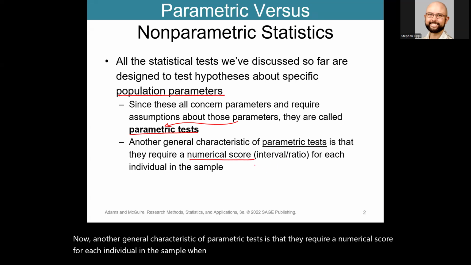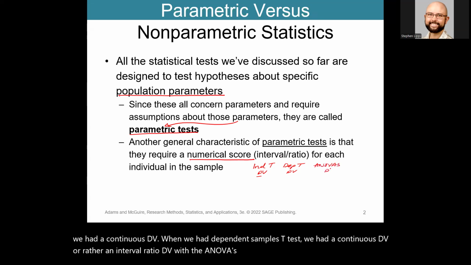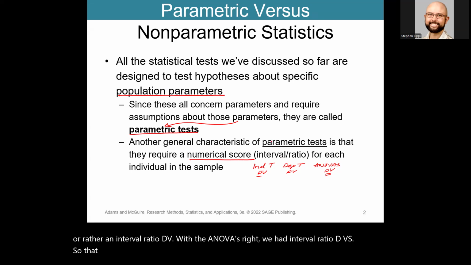When we did independent samples t-tests, we had a continuous DV. When we had dependent samples t-tests, we had an interval ratio DV. With the ANOVAs, we had interval ratio DVs. So that is another general characteristic for these parametric tests.